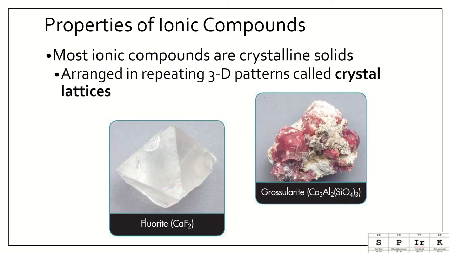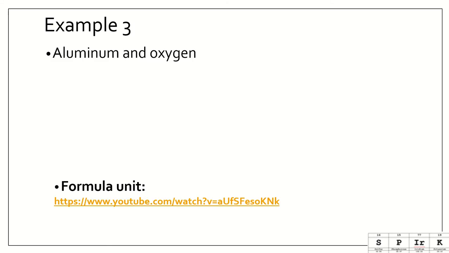Let's look at aluminum and oxygen. So aluminum has 3 valence electrons, 1, 2, 3. Oxygen has 6. So we can start to match these up. So this is going to go here. This one's going to go here. So oxygen can have 8. But you see aluminum still has another valence electron.